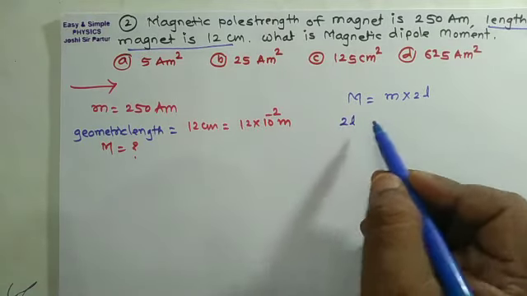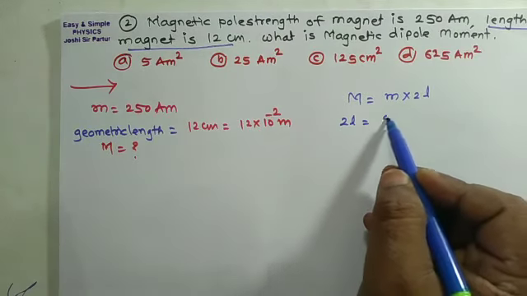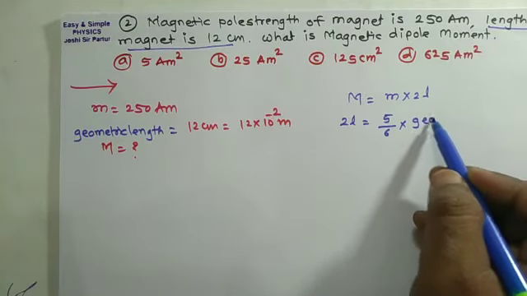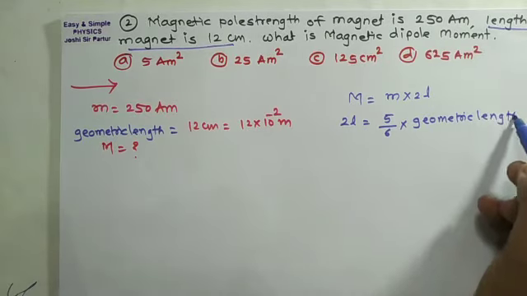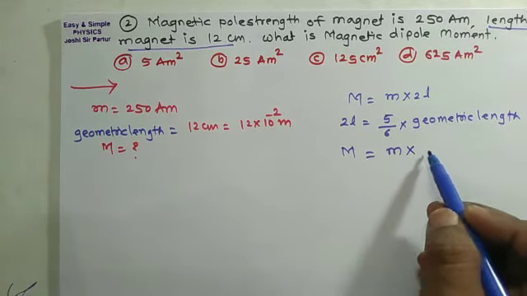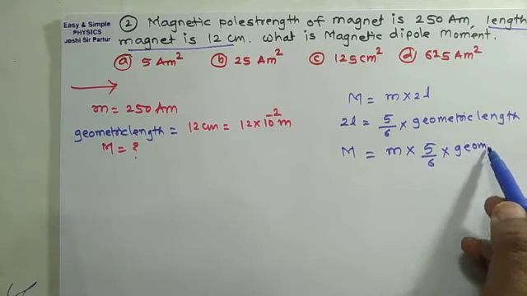So magnetic length is equal to 5 upon 6 multiplied by geometric length. So capital M is equal to pole strength multiplied by 5 upon 6 multiplied by geometric length.